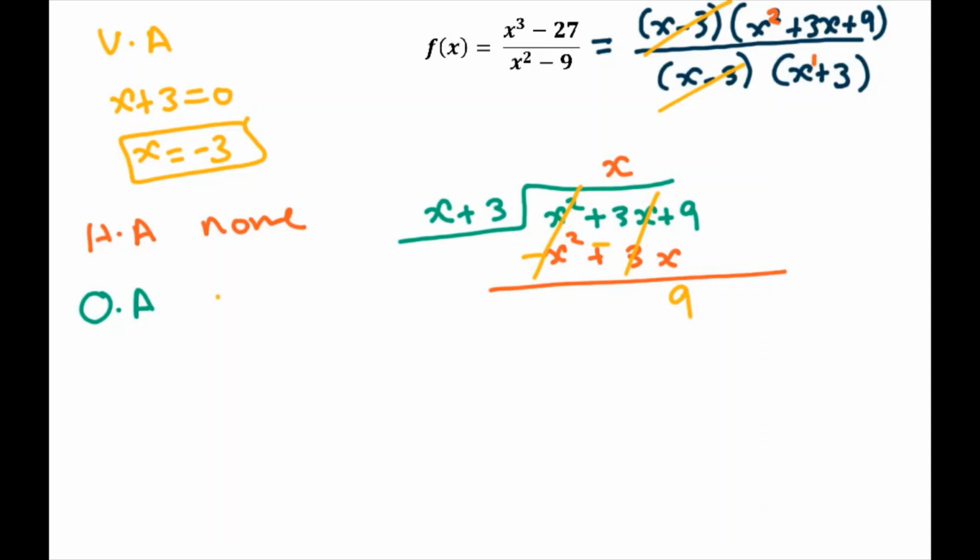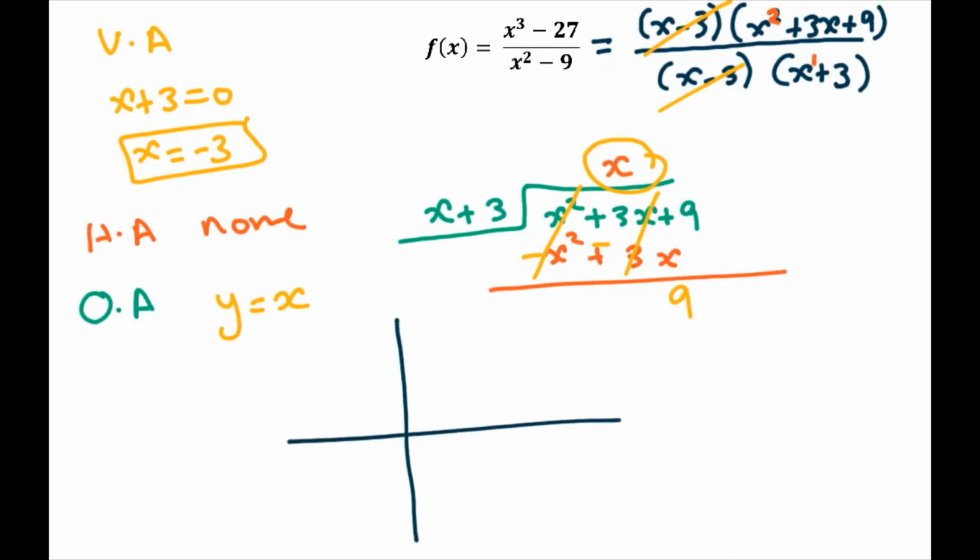So you know that the oblique asymptote is at y equals x here. Now, if you want to look at the graph of the function, here is x equals -3. And again, that's y equals x, the oblique asymptote. And the function will be here and here.